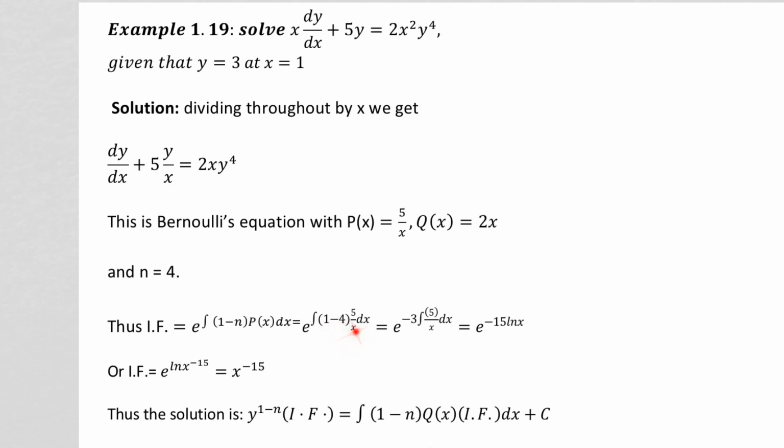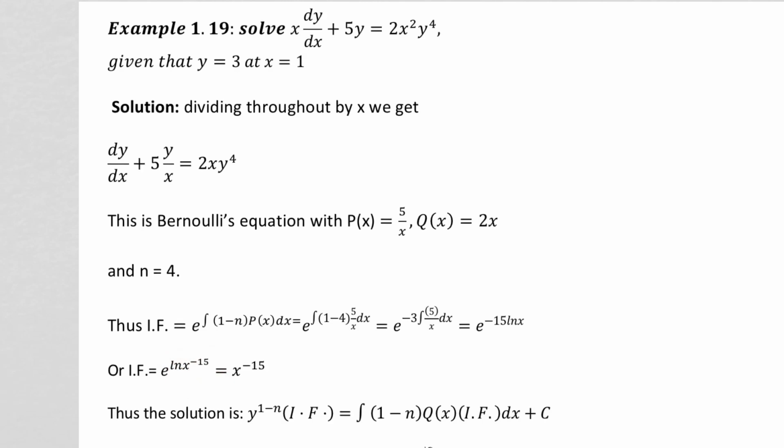This px is substituted here and we get this result. Therefore integrating factor is equal to e raised to the power ln of x raised to the power minus 15. Please note, e and ln cancel out and what remains is x raised to the power minus 15.